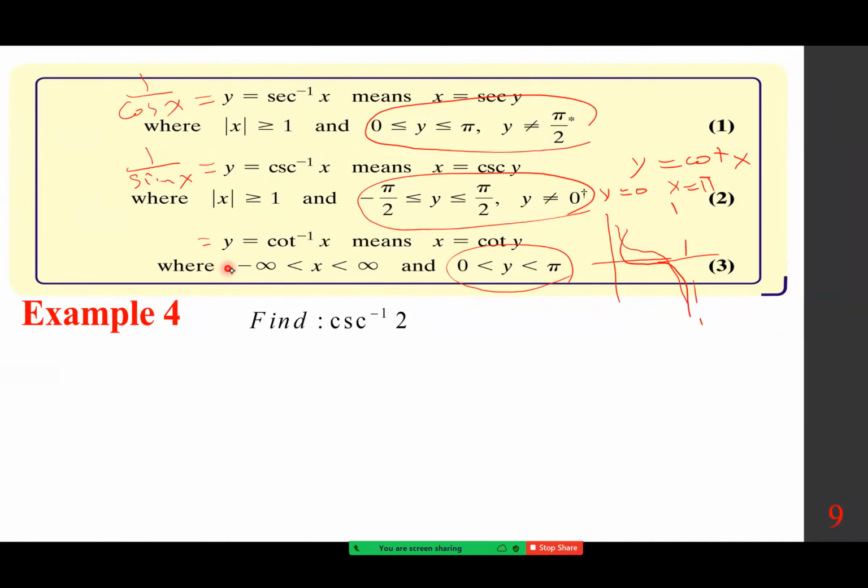So with that being the case, what is cosecant inverse of 2? Well, we know cosecant is 1 over sine. Okay, so we are going to write cosecant theta is 2, therefore sine theta is 1/2.